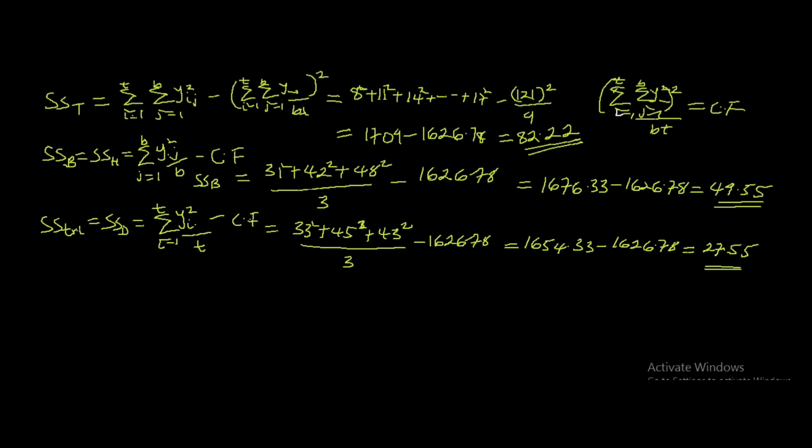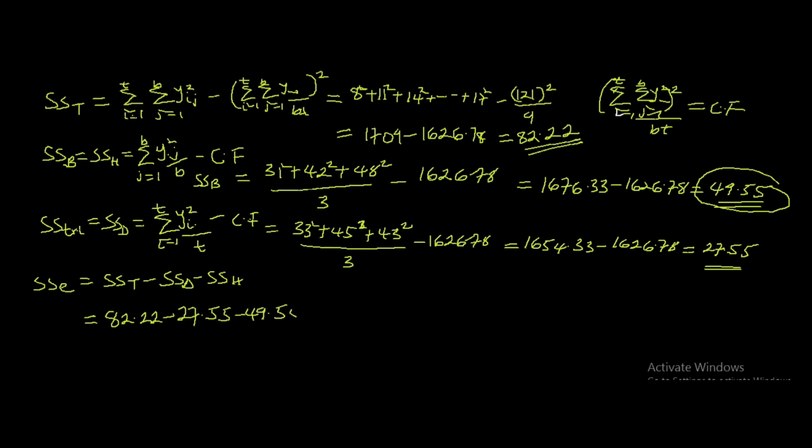So quickly, let's look at our SS error now. SS error is going to be equal to SS total minus SS drug minus SS hospital. Our SS total is the first value we got, 82.22, minus our SS drug, which is the last one we did, 27.55, minus our SS hospital, which is 49.55.